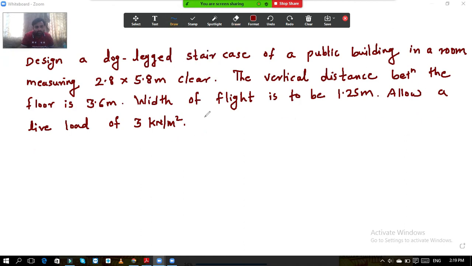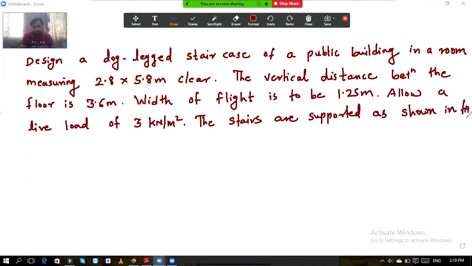That is the sentence only. Now assume M20 concrete and Fe415 steel.